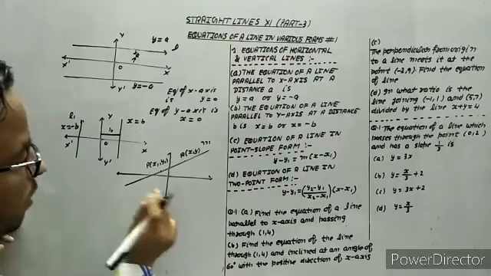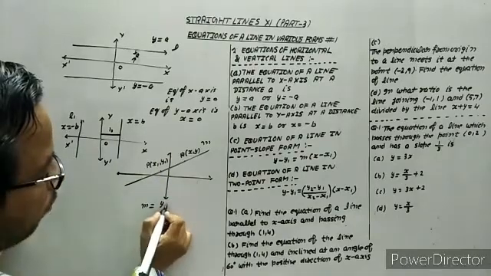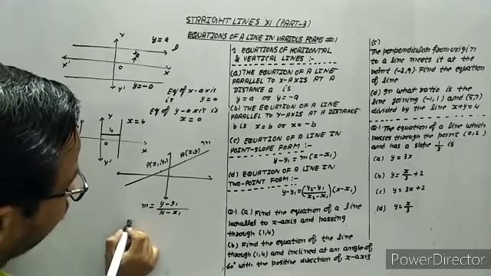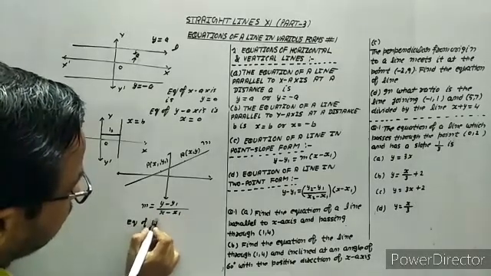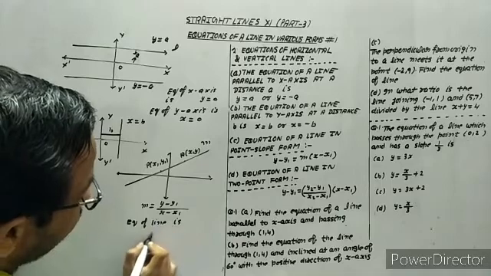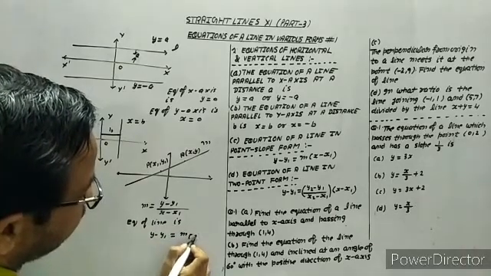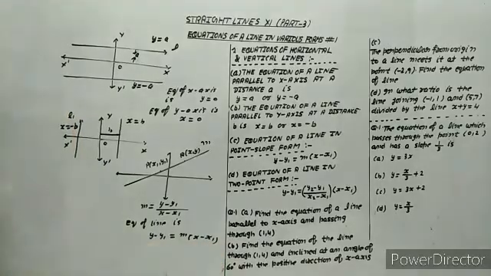So the slope is m = (y - y1)/(x - x1). Therefore, the equation of the line is y - y1 = m(x - x1). This is the equation of a line in point slope form.